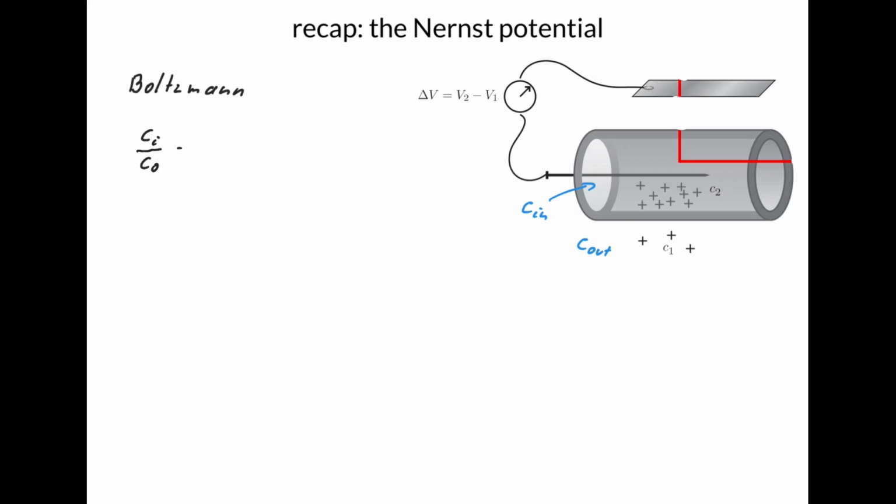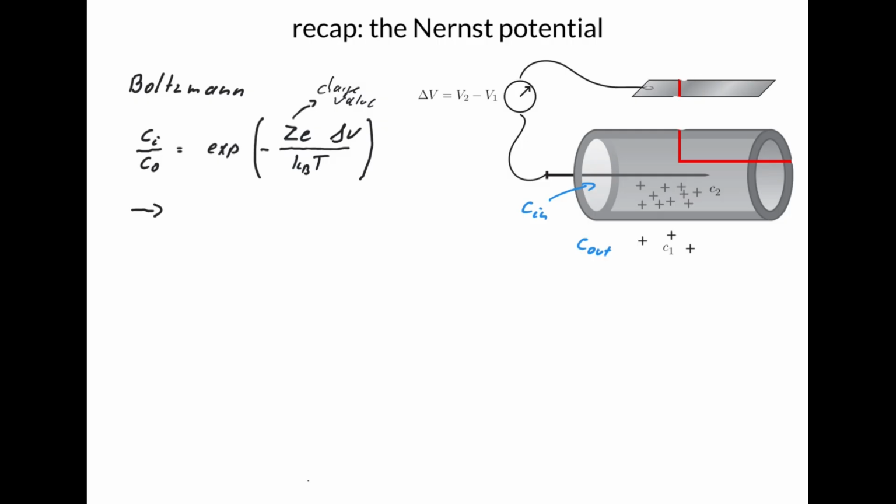If we consider an equilibrium situation in which the concentrations of the outside and inside have to obey the Boltzmann distribution, we know that the ratio of the inside to the outside concentrations is given by e to the power minus z times e times delta V divided by kBT, where e is the charge of an electron, z is the charge number of the ion, and delta V is the potential that will develop.